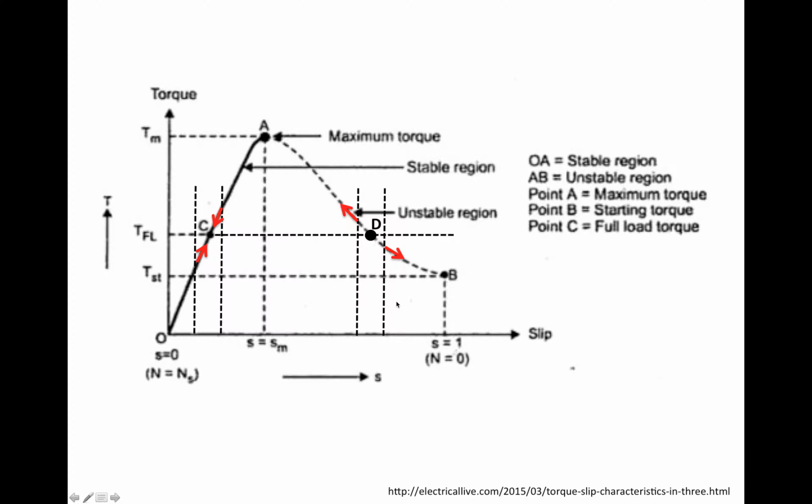We don't want to go into the unstable region, whether for the motoring mode or for the generating mode. We want to stay on this straight line. In the motoring mode, slip is larger than 0, and in the generating mode, on the smaller than 0 side of the curve, there's also an almost straight line.